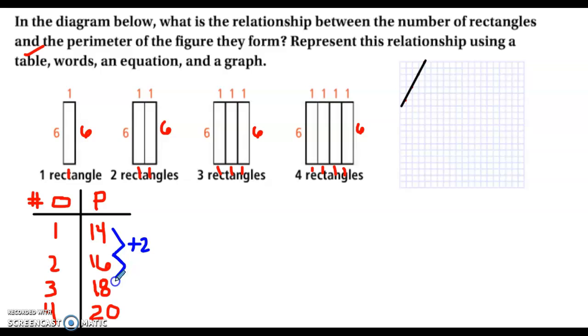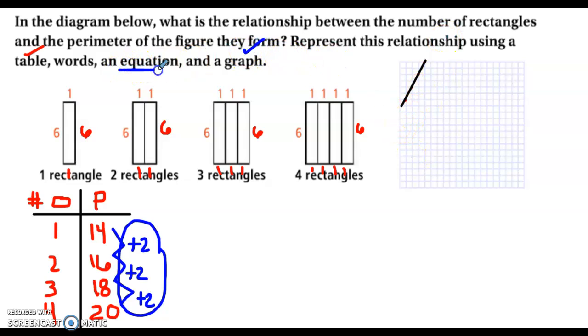From 16 to 18, you add 2. From 18 to 20, you add 2. So when you have a table with a constant, meaning the same increase in your dependent, then you know it's linear. If you graph it and it makes a line, you know it's linear. So we did our graph.